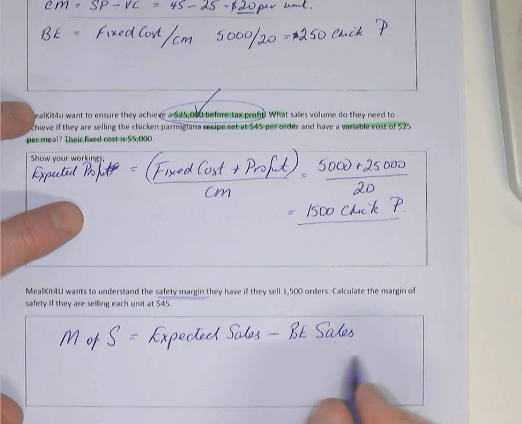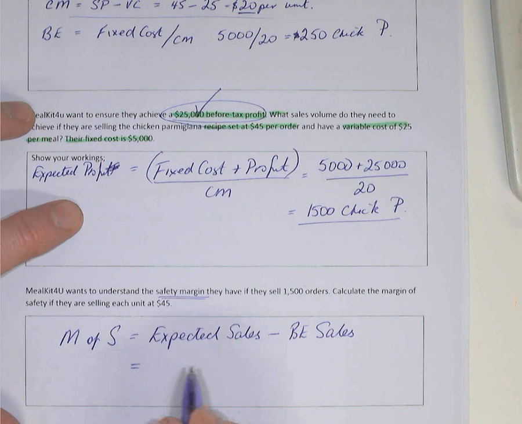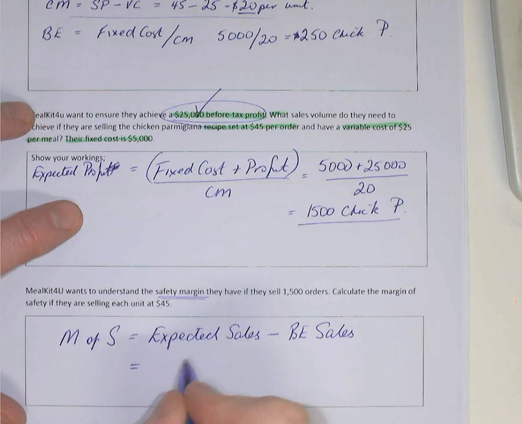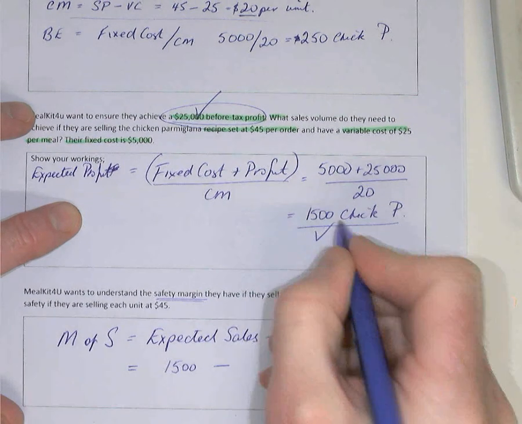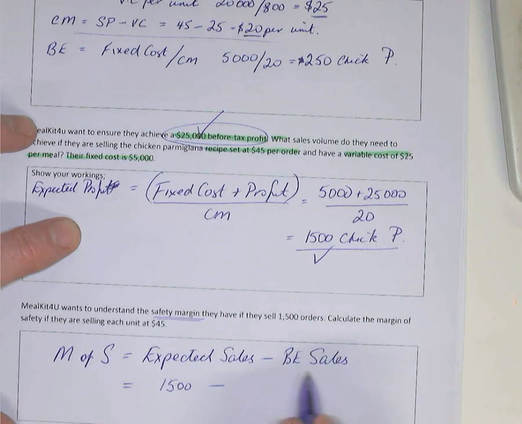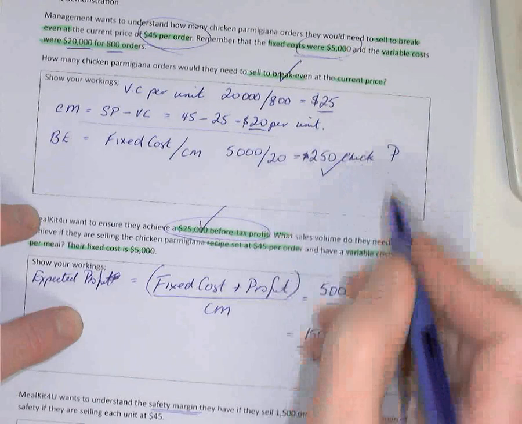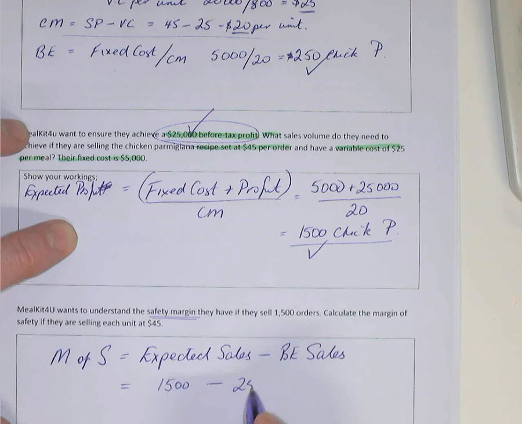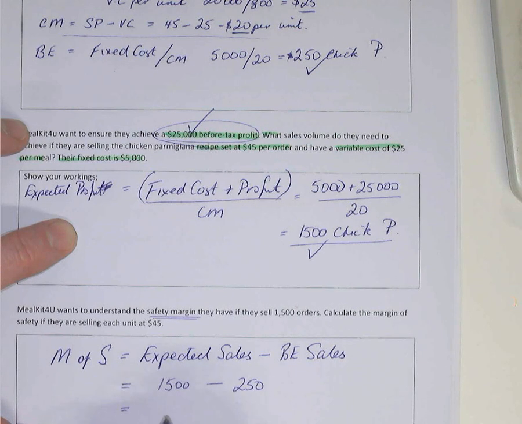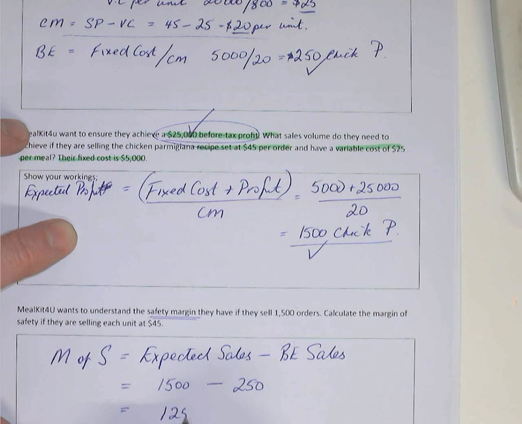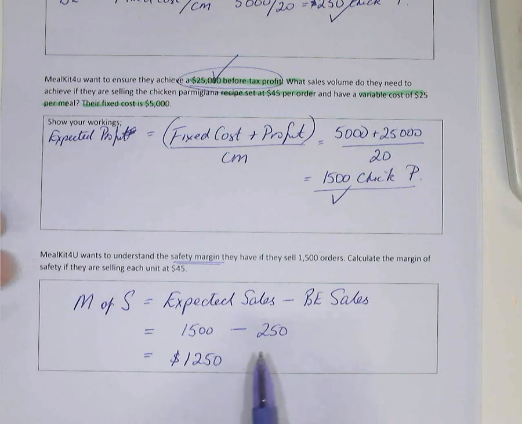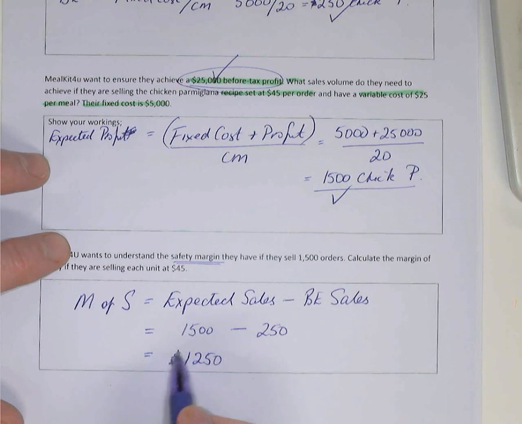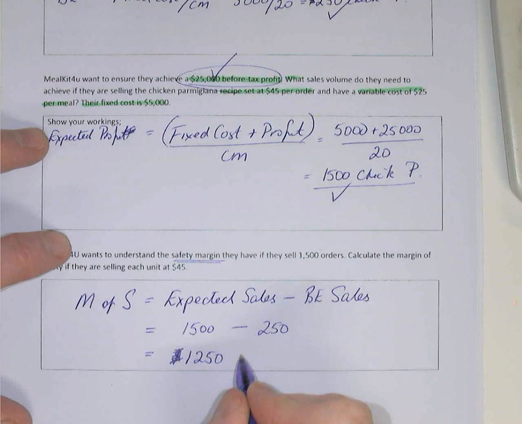My expected sales is 1,500, which we got from there. My break-even sales we got from up here is 250. So therefore, margin of safety is 1,250. Oops, hang on, that's not dollars. It's chicken parmas.